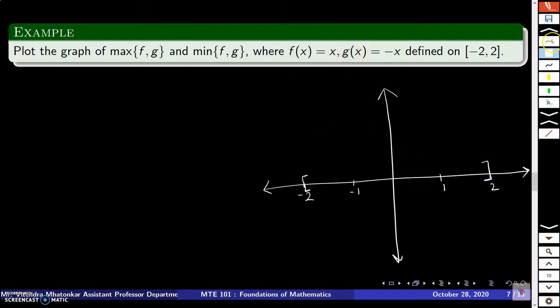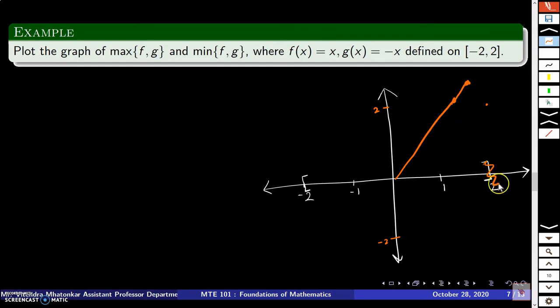If you plot the function f, I will mark it in red, then it is equal to x, right? So it's of the form y equal to x. Supposing this 2 is here and this side it's more or less here. So I draw the function f of x equal to x, more or less, although it's not exact.